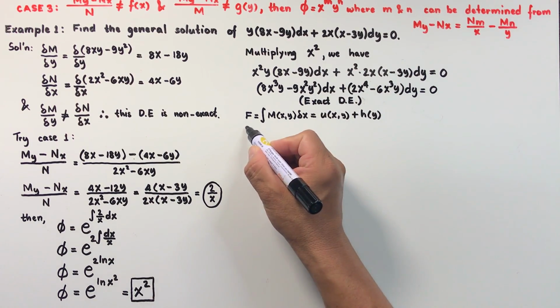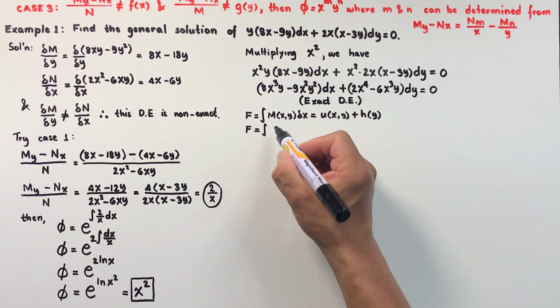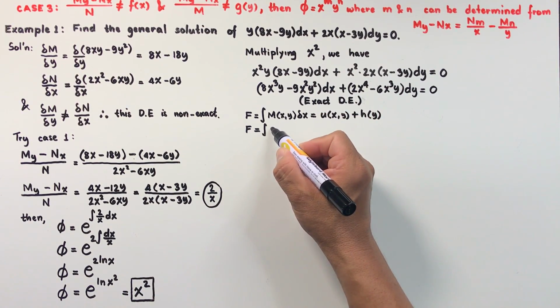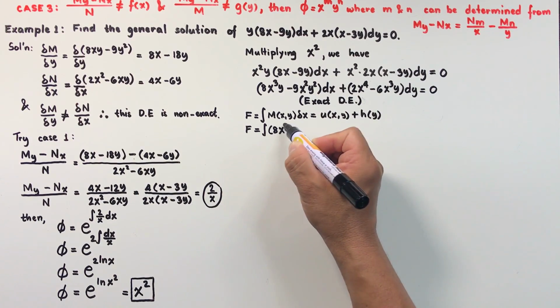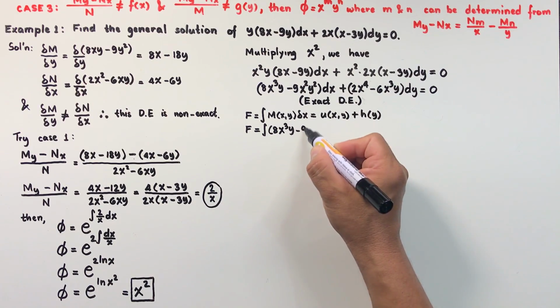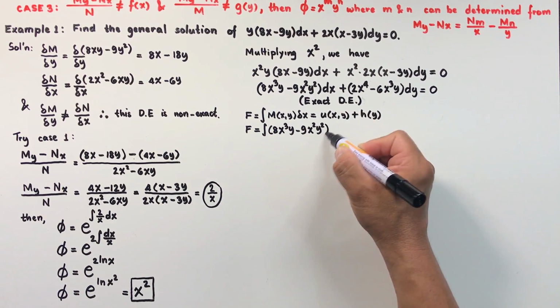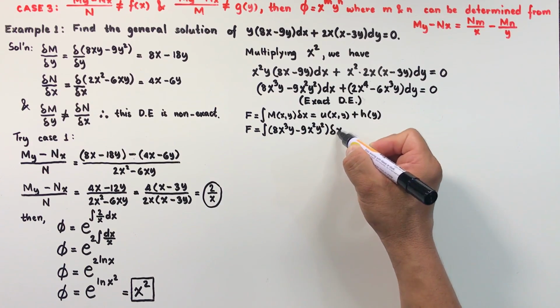So we have f, which is equal to the partial integral of our m, which is 8x cubed y minus 9x squared y squared partially with respect to x.